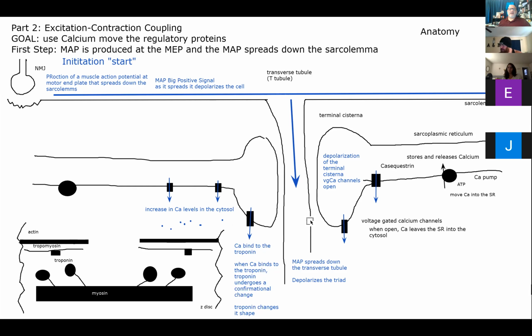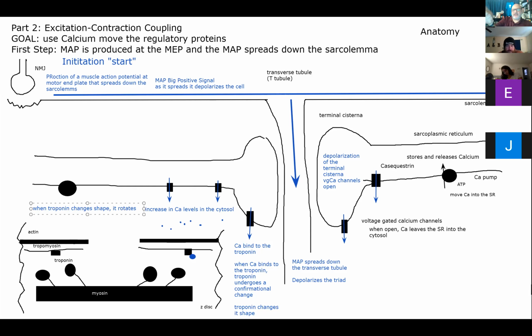Perfect. Excellent. So our calcium binds to the troponin. And when it does that, our troponin changes its shape, and when troponin changes its shape, it rotates.